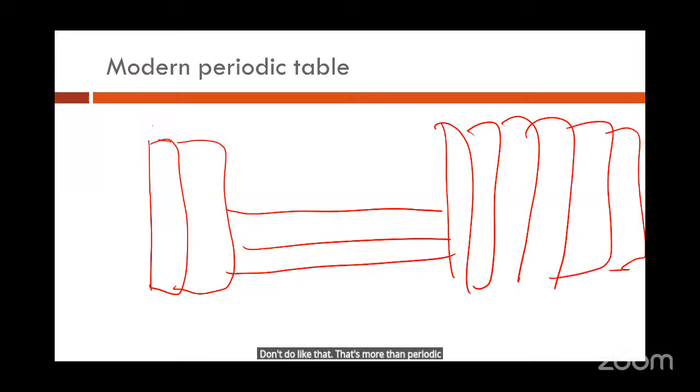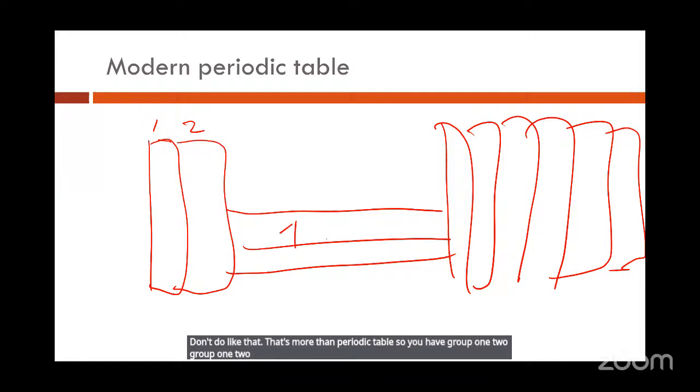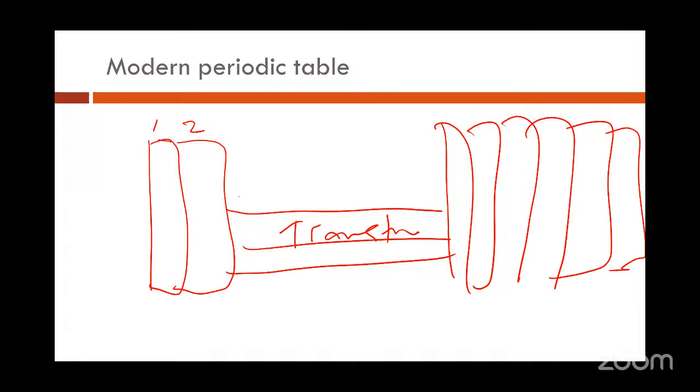So you have group 1, group 2, then the transition elements, group 3 to 12. Then you now have the old group 3, 13, 14, 15, 16, 17, 18.